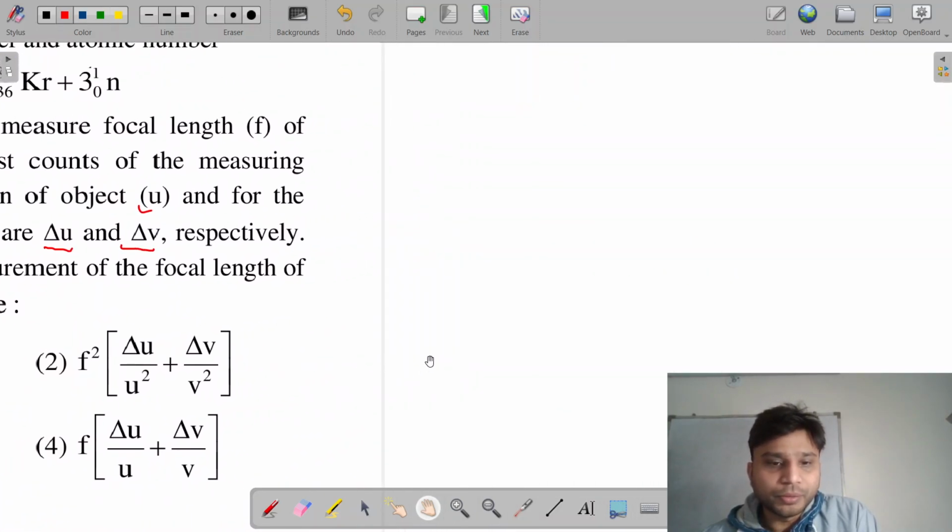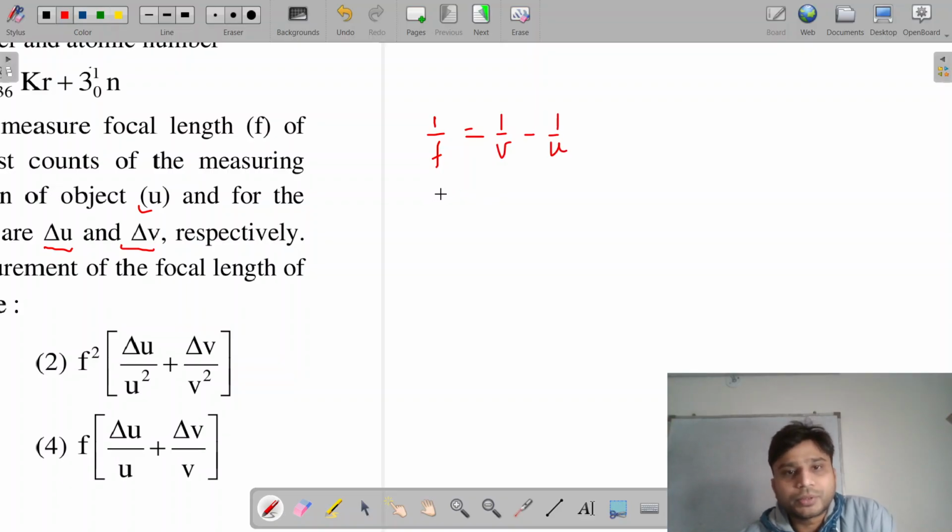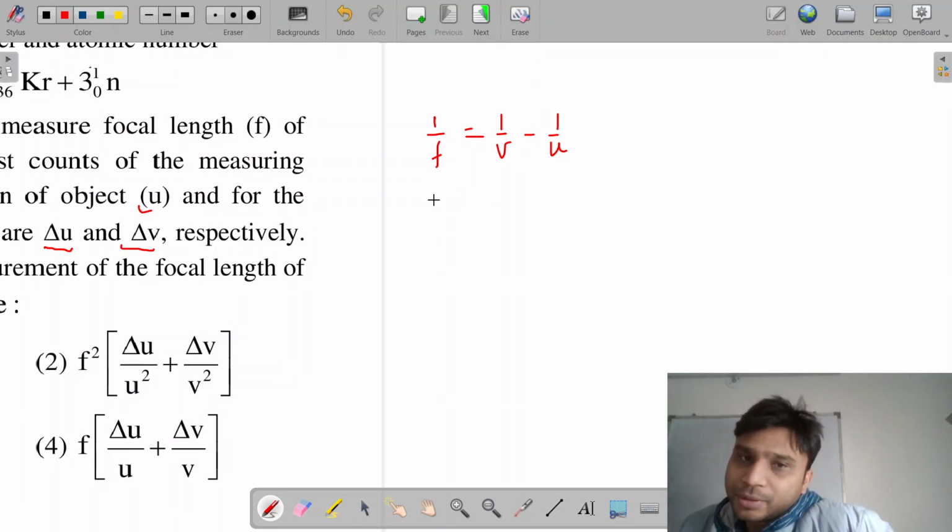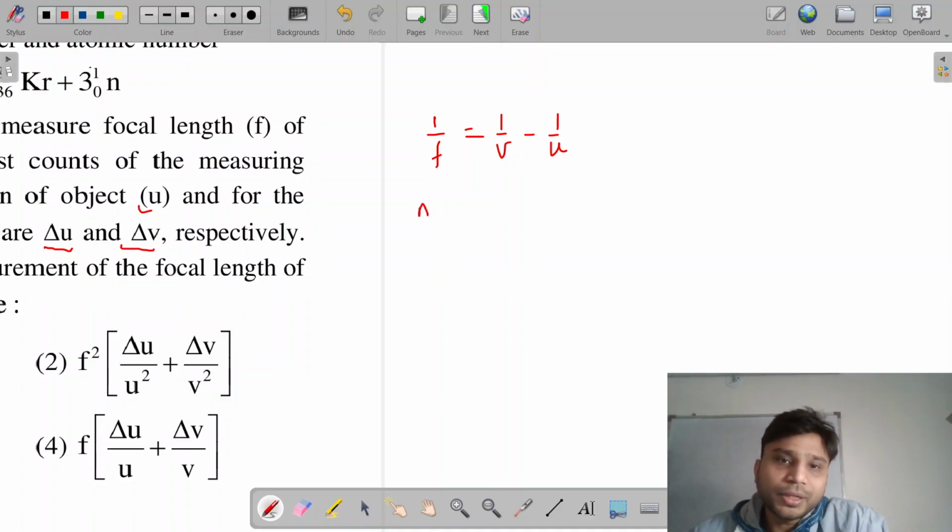So let's begin. How do we do this? We have a formula that 1 upon f is equal to 1 upon v minus 1 upon u. Using this formula, we have to evaluate the error in focal length. Let the error in focal length be delta f.